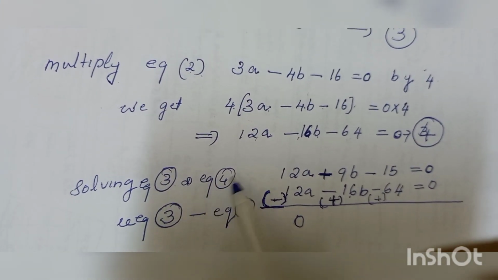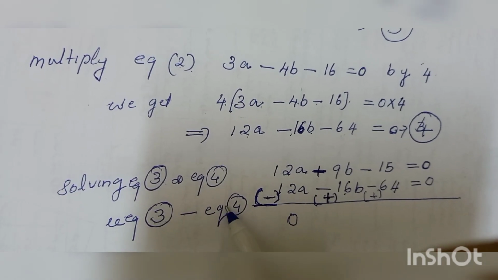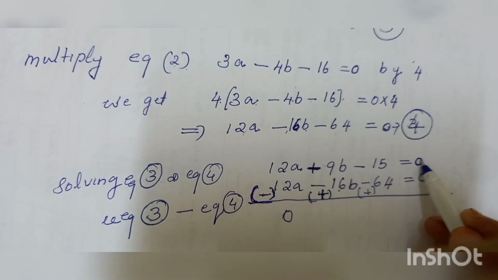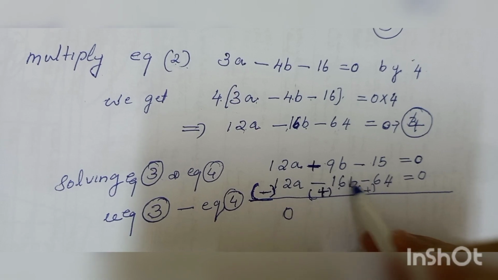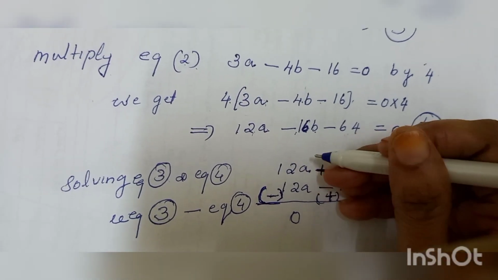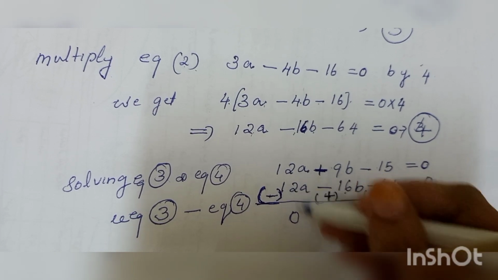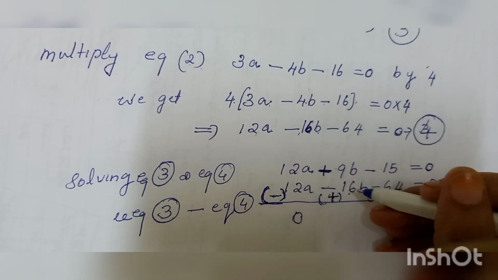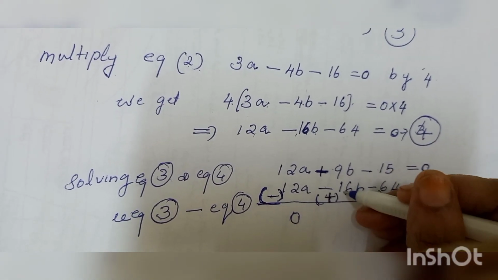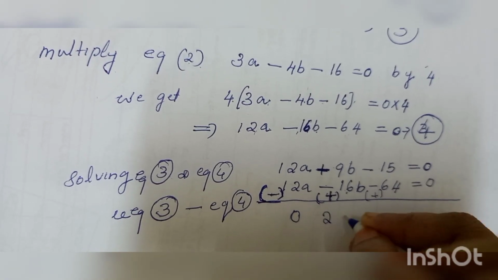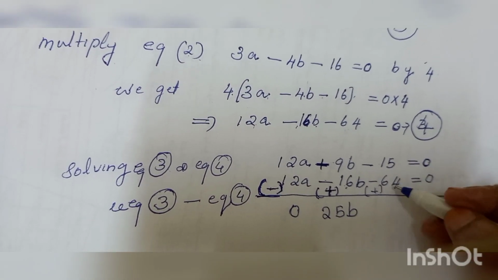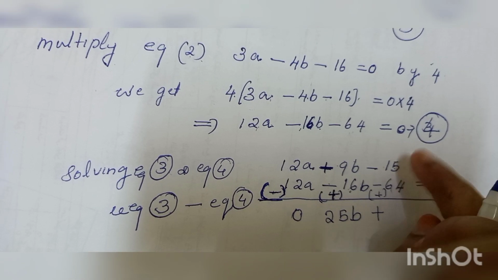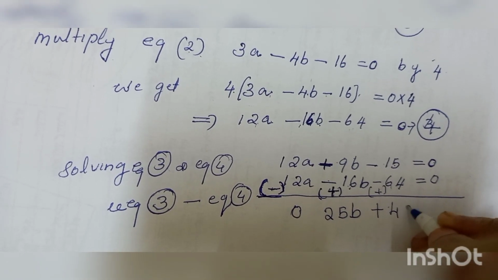Solving equation 3 and equation 4, that is equation 3 minus equation 4: 12a plus 9b minus 15 is equal to 0, and 12a minus 16b minus 64 is equal to 0. So 12a minus 12a gives 0. 9b minus 16b becomes plus, so we get 25b. 64 minus 15 we get 49, which is equal to 0.